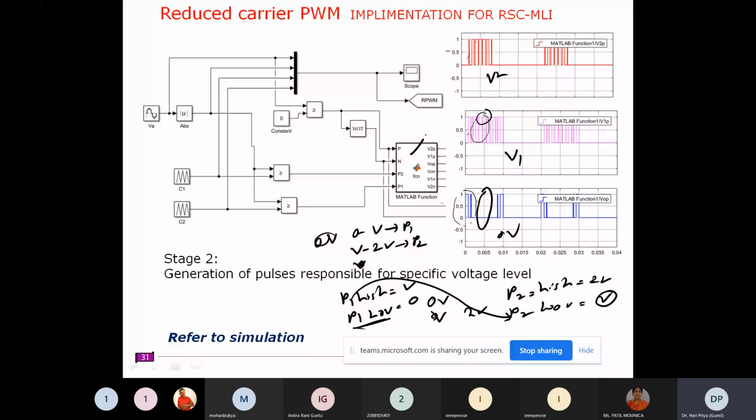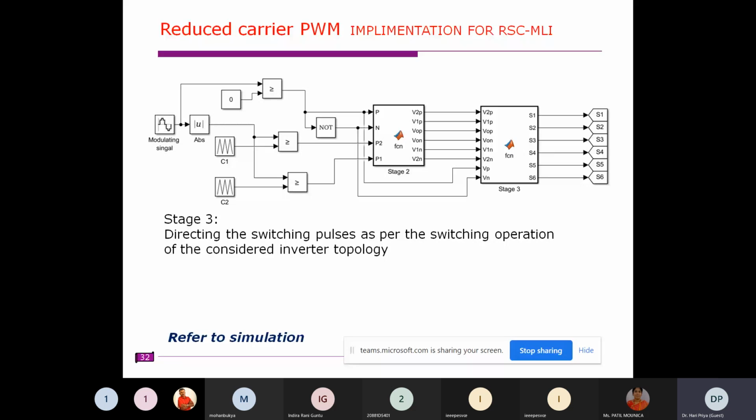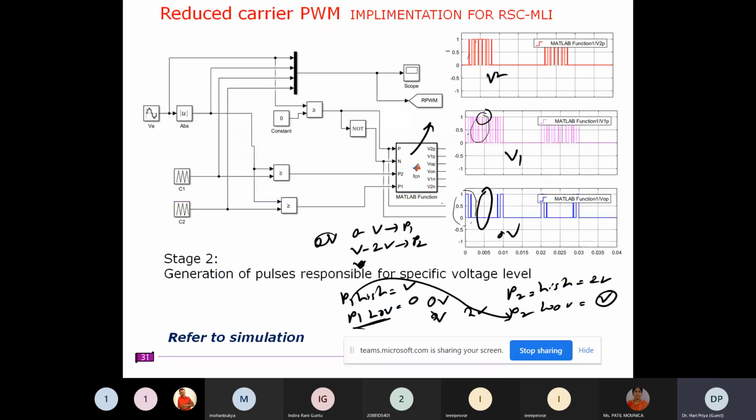After getting these pulses, they are not responsible for bands, they are responsible for specific voltage levels. For a positive voltage level, I got one pulse for 2V, this is responsible for plus 2V, this for plus V, this for 0 in the positive half, this for 0 in the negative half, this for minus V, and this for minus 2V. This is how we got the pulses.